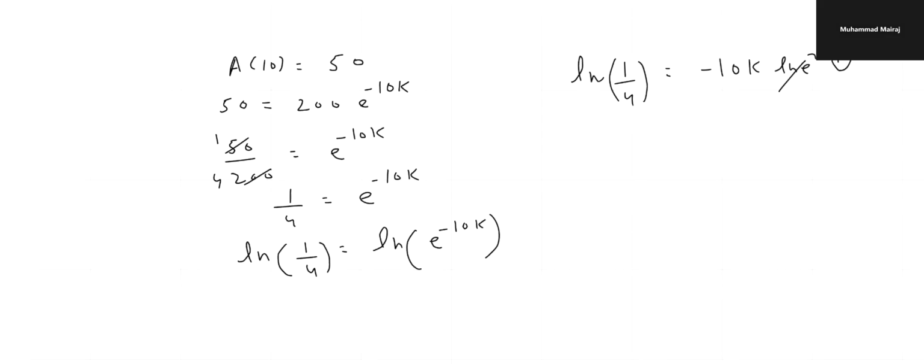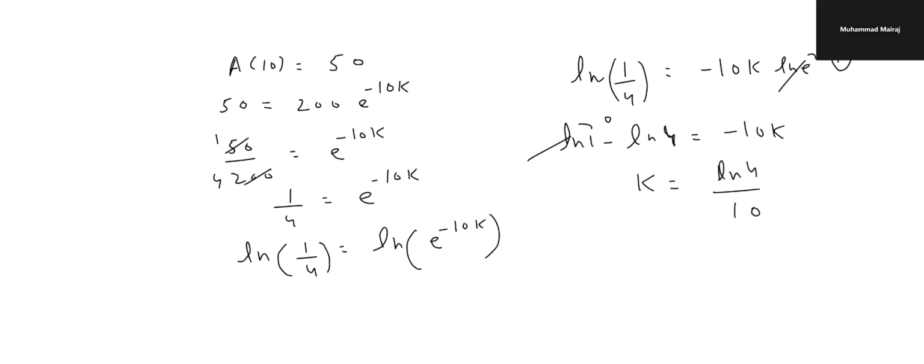So this is equal to natural log of 1 minus natural log of 4 is equal to minus 10k. Natural log of 1 becomes 0. So k is equal to natural log of 4 divided by 10.